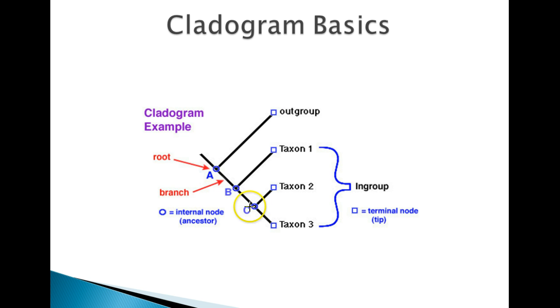So this ancestor gave rise to taxon 2 and taxon 3. So this entire thing is considered a clade. So it's the sister taxa and their ancestral node. This is a clade right here.